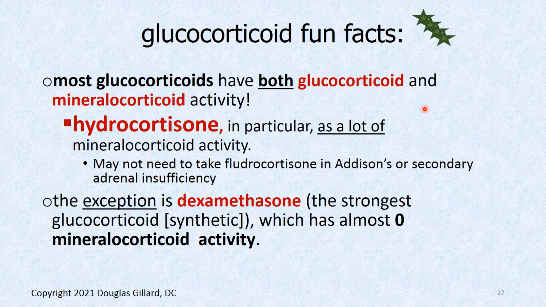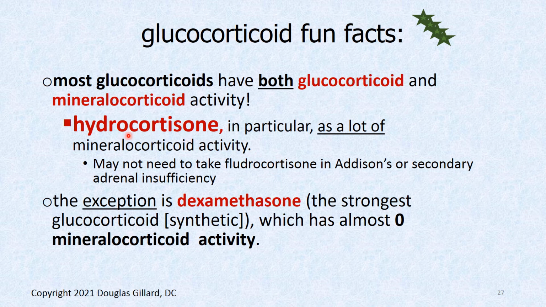Most glucocorticoids have both glucocorticoid and mineralocorticoid activity. Yes, this is true. So hydrocortisone, for example, has a lot of mineralocorticoid activity. Remember we said that some people who have severe Addison's have to take fludrocortisone to simulate aldosterone, and then they have to take hydrocortisone to simulate cortisol.